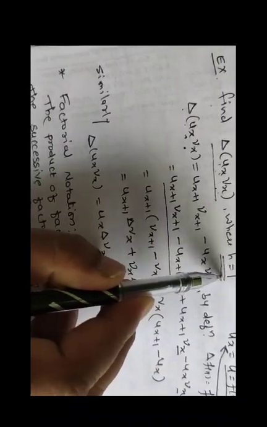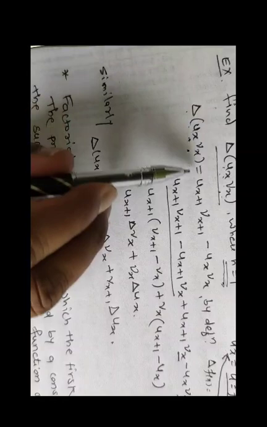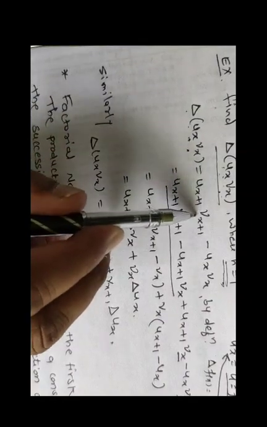Similarly, delta of u(x) v(x) increases x by 1 because h is given as 1. Therefore delta of u(x) v(x) is u(x+1) v(x+1) minus u(x) v(x). This is the standard definition of the first difference of a function.